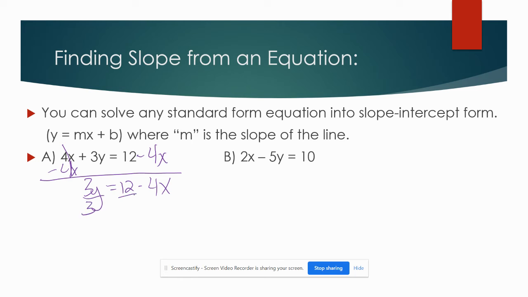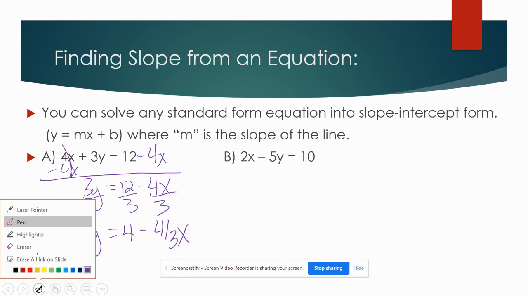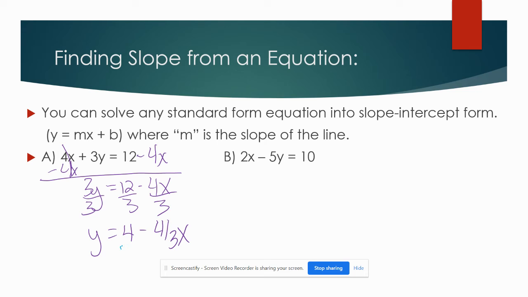And divide every single thing by 3. This makes 4 our y-intercept and negative 4/3 our slope.